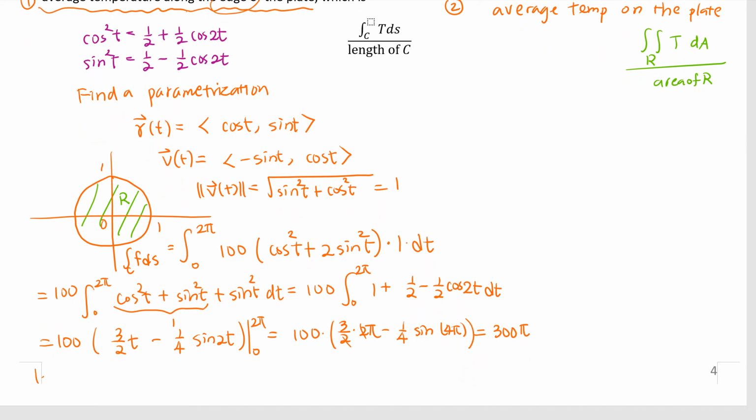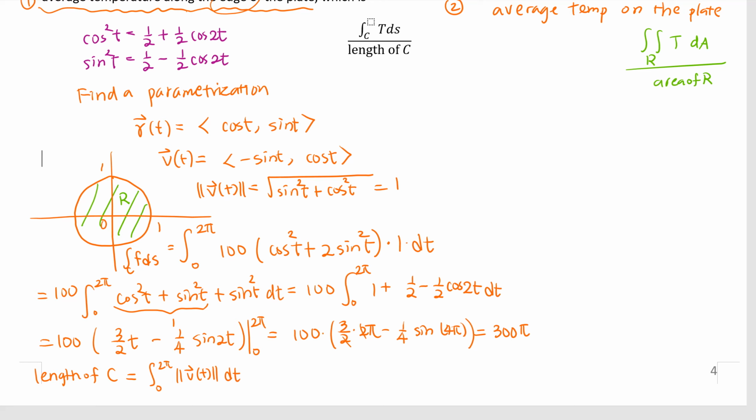How about the length of C? Well, in general, how do you find the length of C? You still do the integral from 0 to 2 pi, but you don't multiply by the function T. We just find the speed, dt. This is the arc length, right?